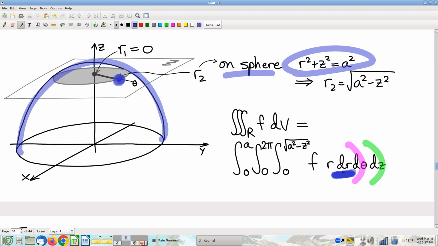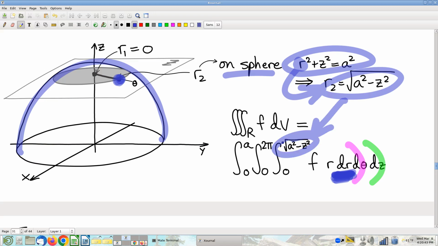And so we have our differentials in this order now. So since we're looking for R bounds, we need to solve for R, which gives us that formula for our upper bound. Everybody all right? Any questions?